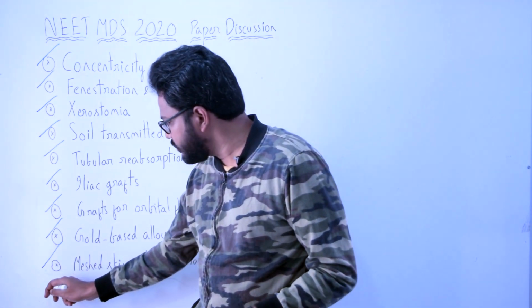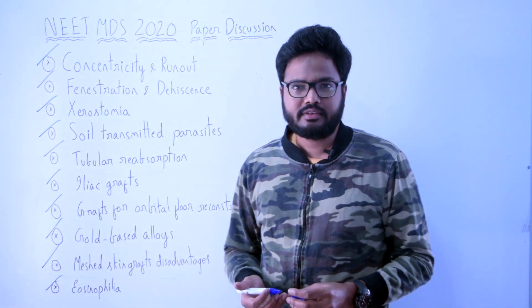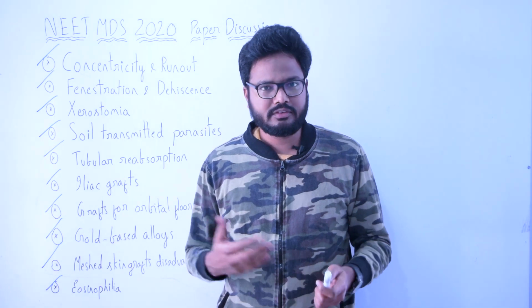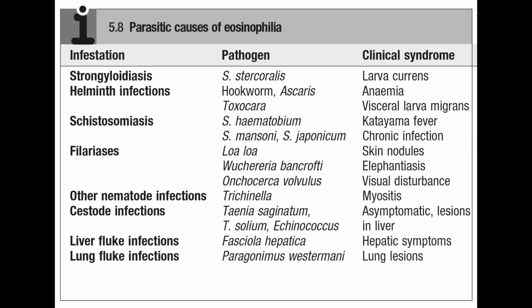Now moving on to the final topic, parasitic infections. We discussed eosinophilia in our study club. Observe this table, you will find various conditions where there can be eosinophilia, including hookworm, loa, trichinella, etc., right? And you can also find that there can be non-parasitic causes of eosinophilia as well, which include hematological conditions, allergic reactions, HIV-1, human T-cell lymphocytic virus, etc., right?